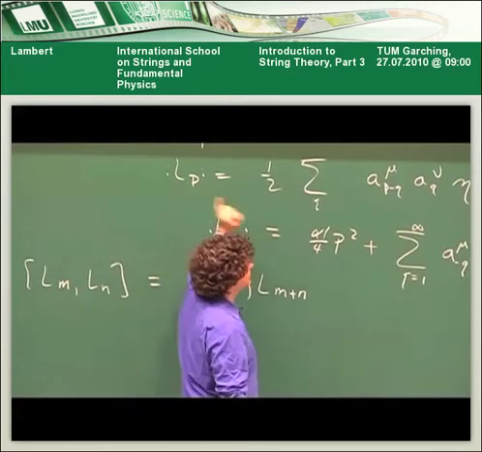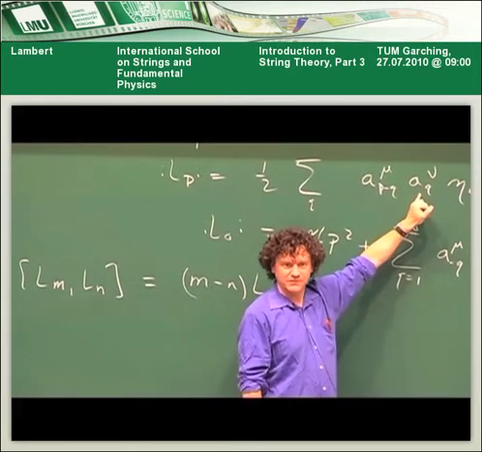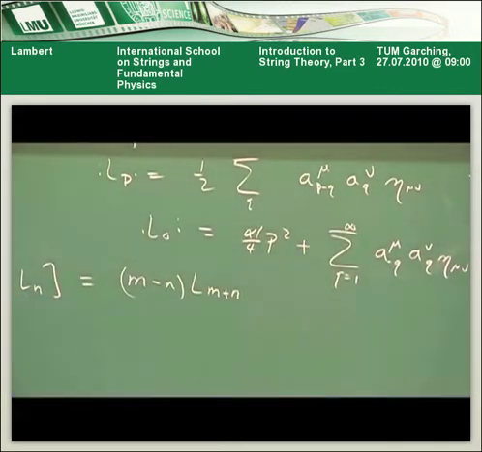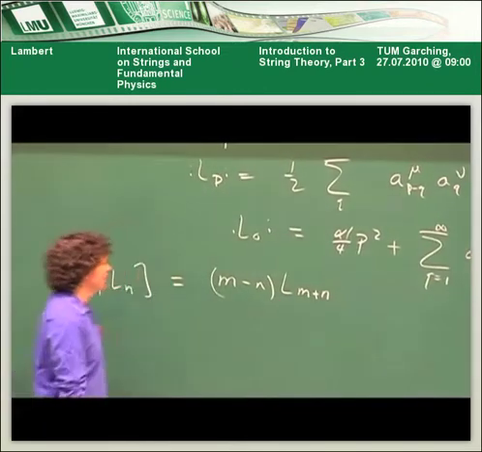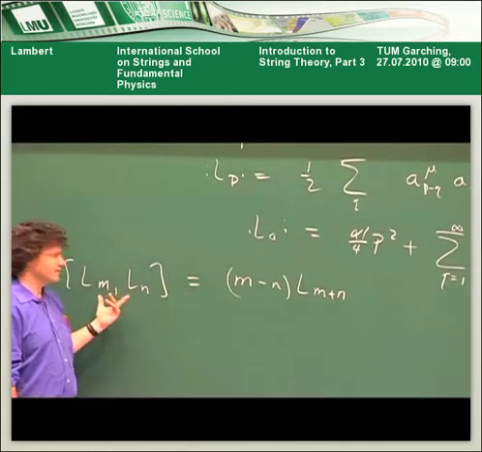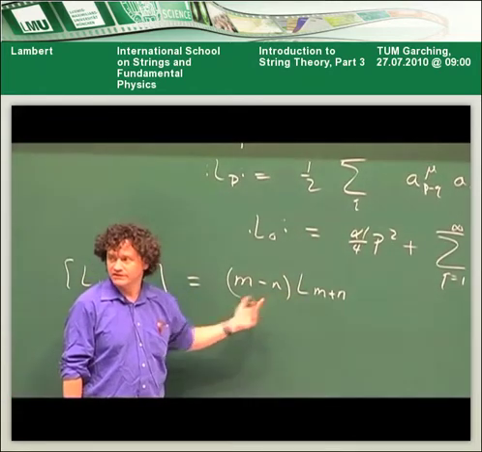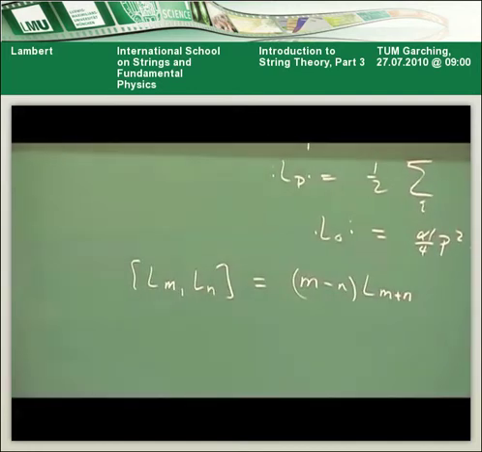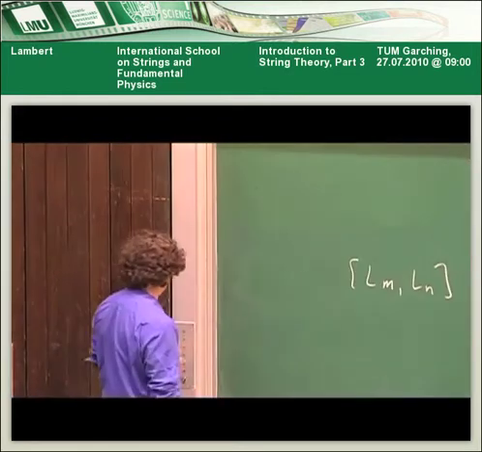The left-hand side has index p, and the sum of the Fourier modes here is p. So that's a simple rule to keep in mind to check your calculations. And here again, m plus n. Of course, you knew this had to appear because this is antisymmetric in m interchange n, so you need something here that is antisymmetric in m interchange n. But that, for all due respect to Mr. Witt, is not particularly interesting.